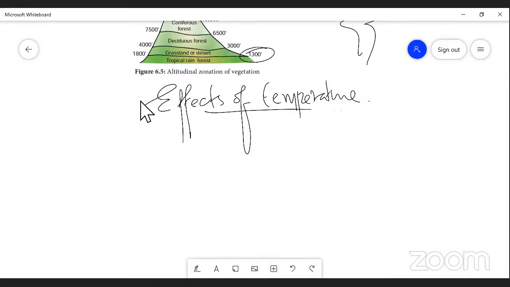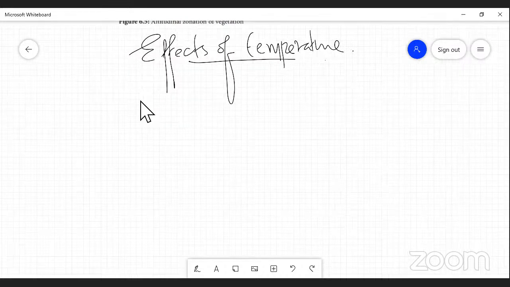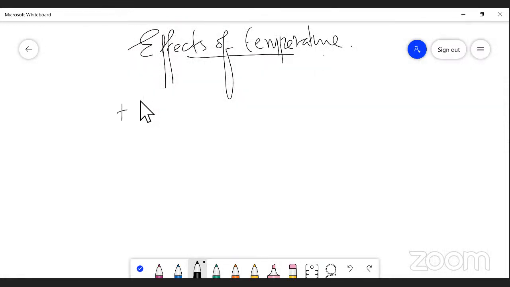So first point, it affects all the enzymatic action in a cell of a plant, right? So simply all the enzymatic action is determined by exposure to temperature.